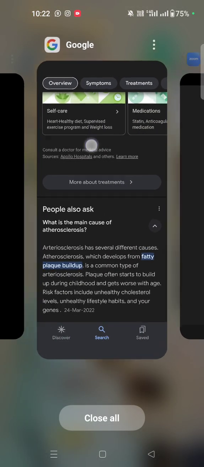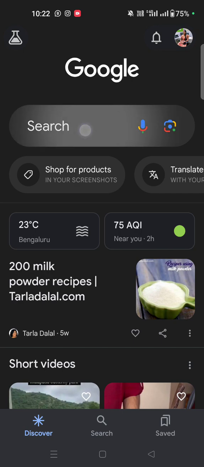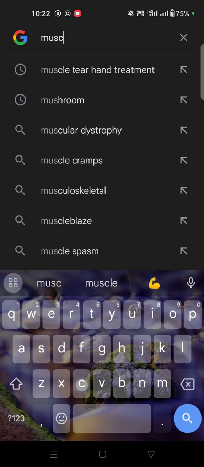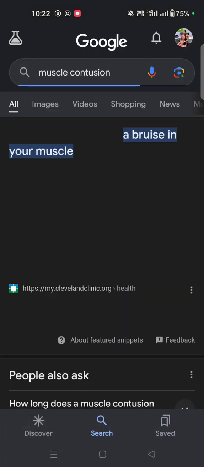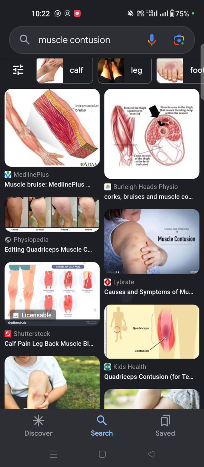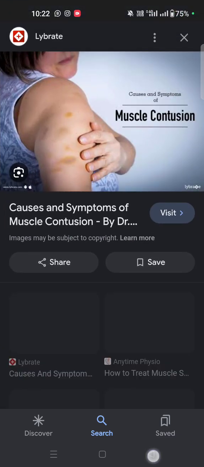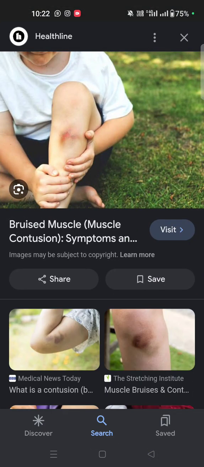Muscle condition, I can show that image. This is the muscle condition.